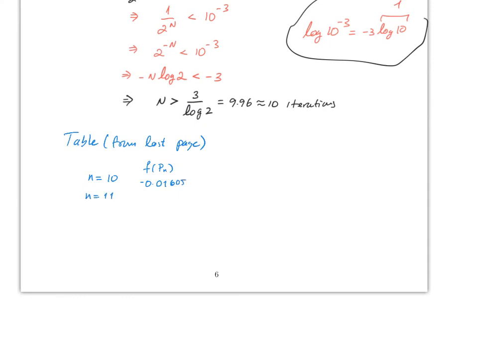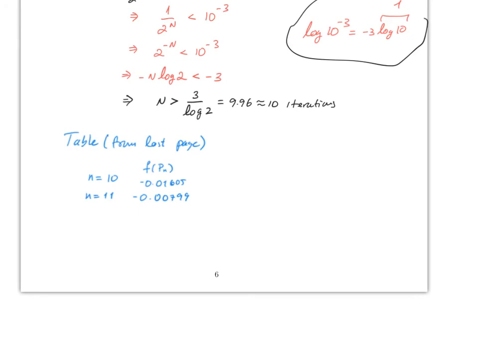For n equal to 11, this was minus 0.00799. So you can see that this is 10 to the negative 3 or close to. So you have to have at least 10 to get to this point. This is 10 to the negative 2, and this will be 10 to the negative 3. So therefore the bound is pretty accurate.